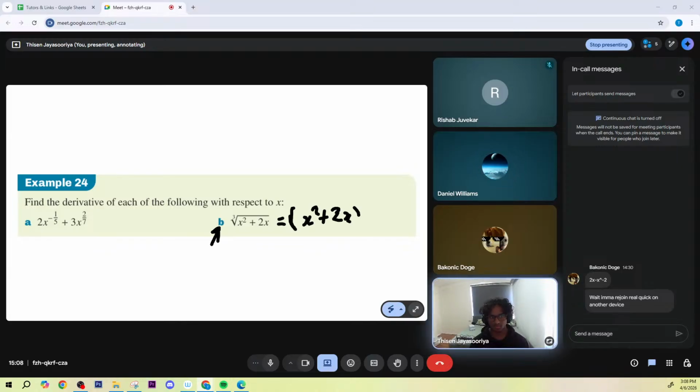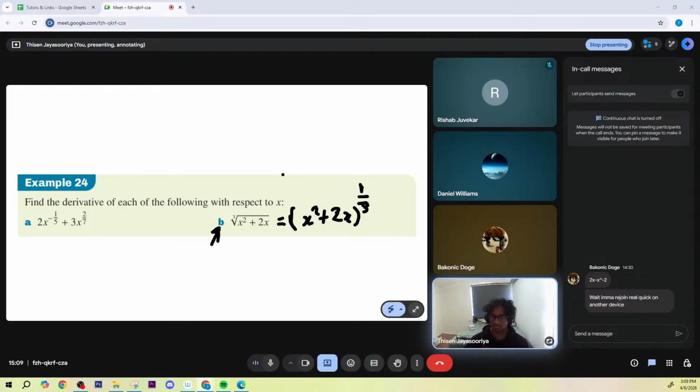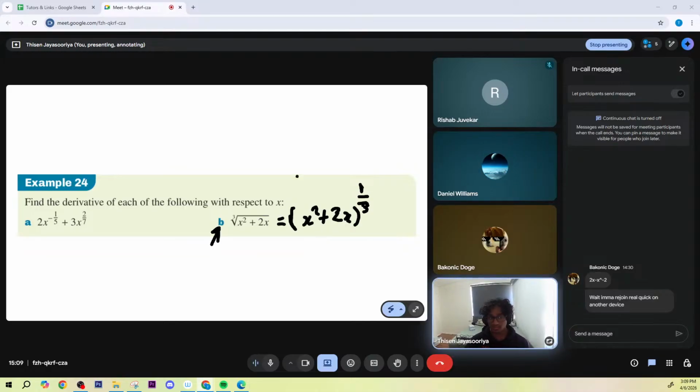Yes, perfect. We turn it to the power of 1/3. Then what do we use here? Can we use the first rule? So we can use the first rule. What else can we use? What do we see here? dy over du. Yeah, so it's a composite function as well.